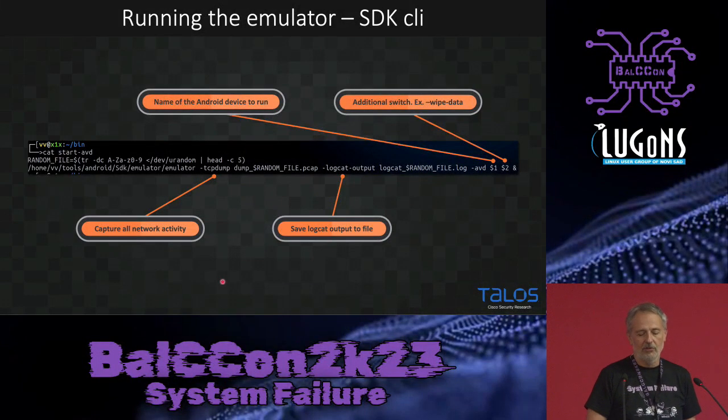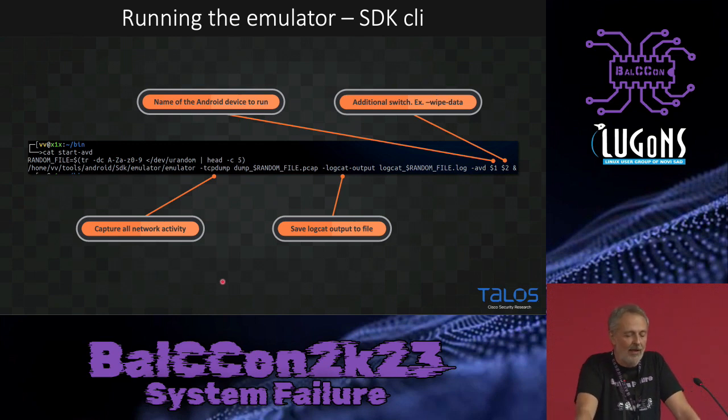If we only want to use the command line interface, then as part of the SDK there is an application called Emulator, which is based on QEMU. It creates the Android virtual device and can also launch it. Here we see an example of what sort of call we can make to launch an emulator.